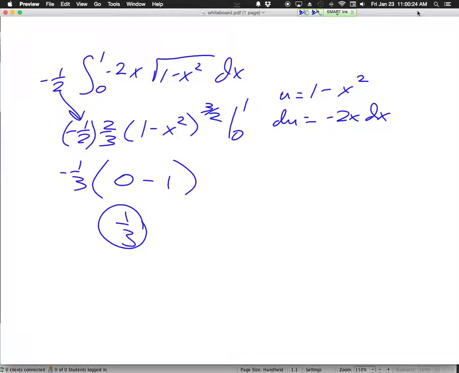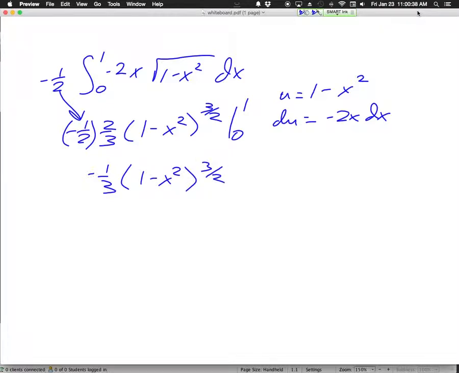So on this one, how do you check it to make sure you did it right? Great question. This right here is where I'm at after I've integrated. So all I have to do is take the derivative of this to make sure it works. So I'm going to have a negative 1/3. I bring this down, which is 3 halves.